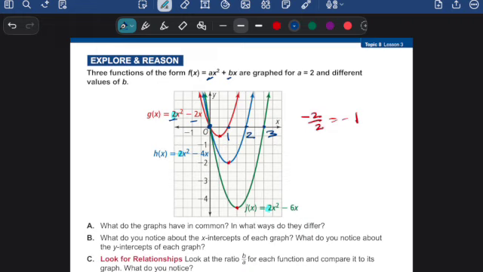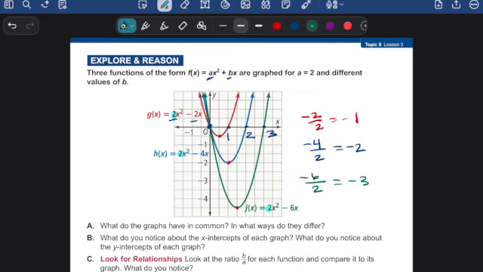For h of x, the blue graph, b is negative 4 and a is 2, so that ratio is equal to negative 2. And for j of x, b is negative 6, a is 2, so that ratio is equal to negative 3. So the ratios of those two coefficients are different.